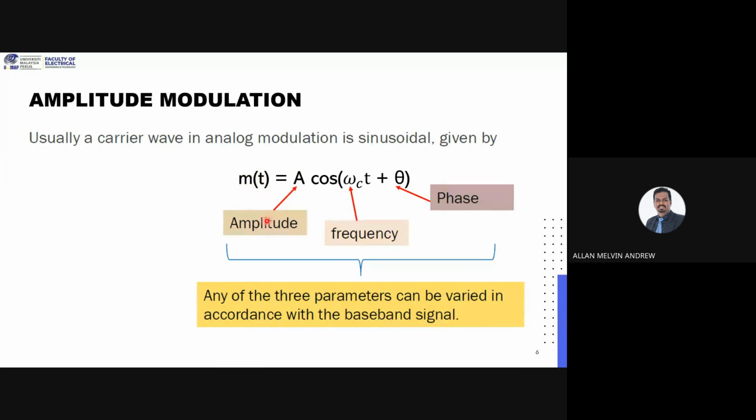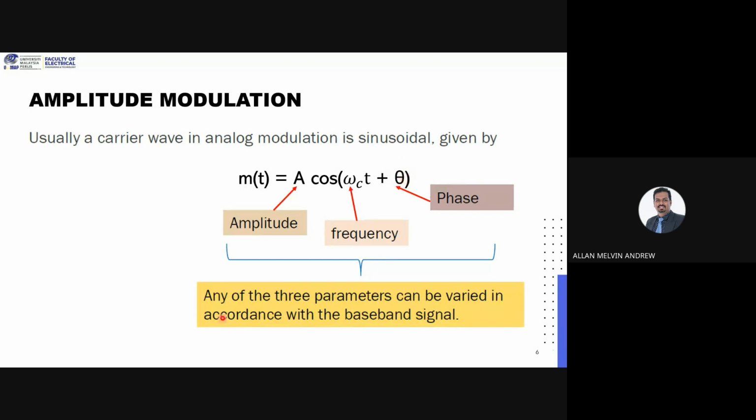Amplitude is how tall the wave is. Omega c is the frequency, and frequency is always related to time, and theta is the phase angle. If there's a difference in phase, you will have a degree, an angle.